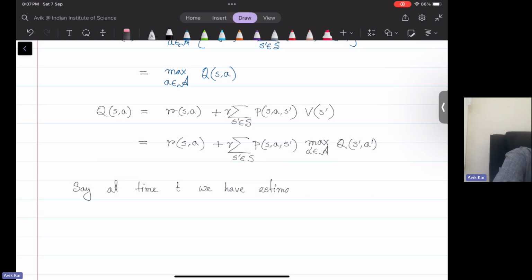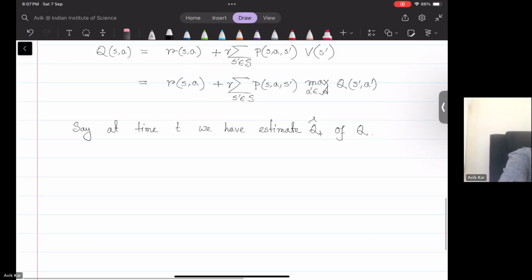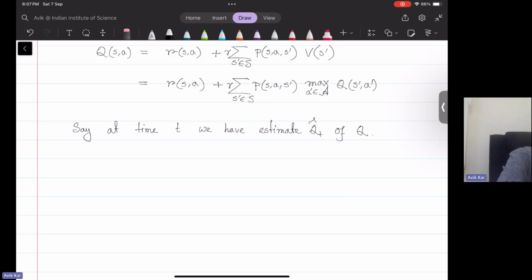We have s_t, we have already taken action a_t, and we have s_{t+1}.